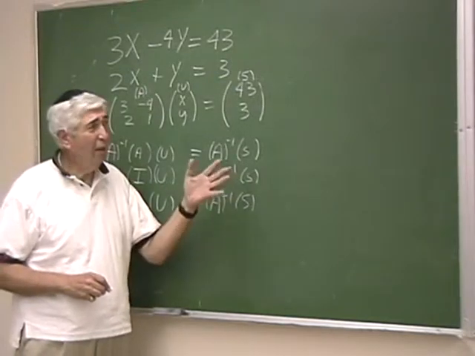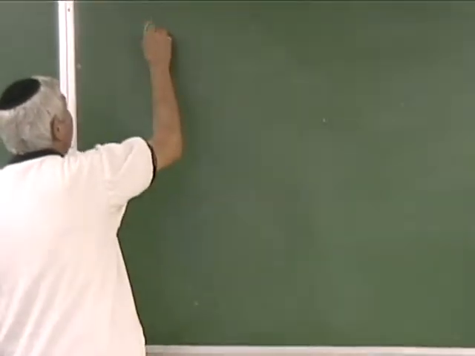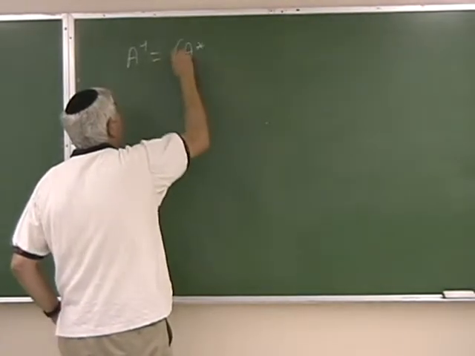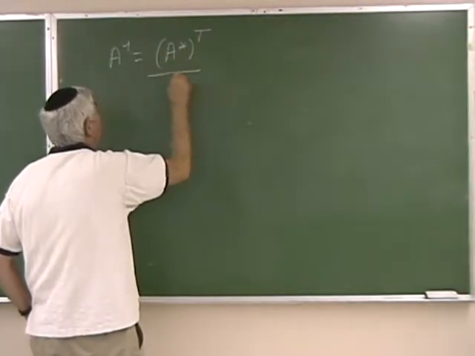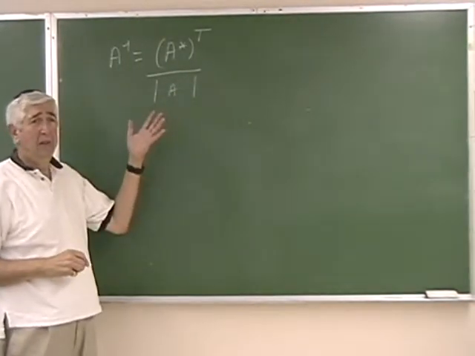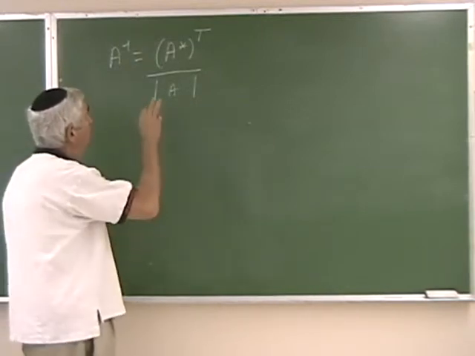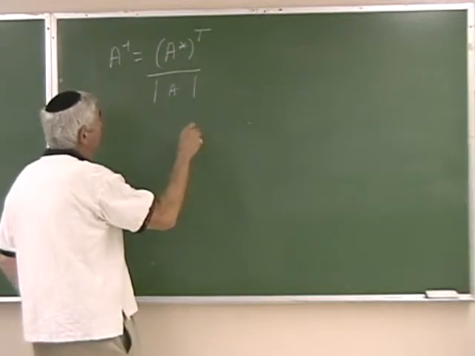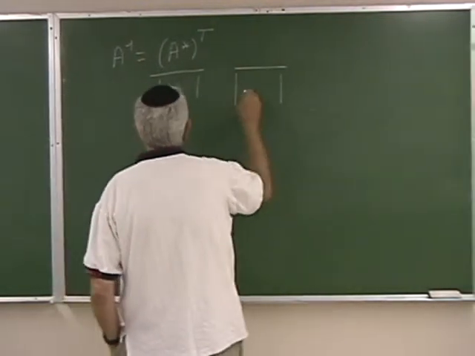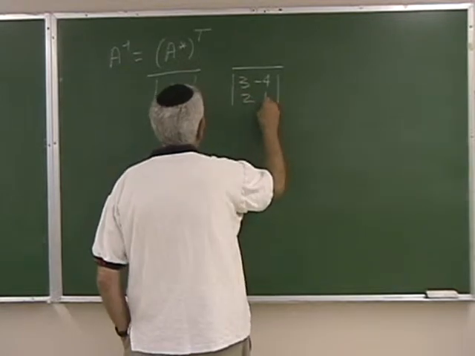Now to do that, I'm going to go over to this next board, and I'm going to say that the inverse of a matrix is equal to A star transposed over the determinant of A. And now, what I'm going to do is talk about the determinant of A. It is 3, minus 4, 2, and 1.